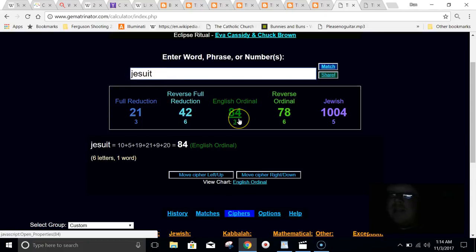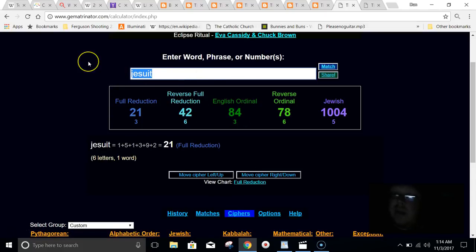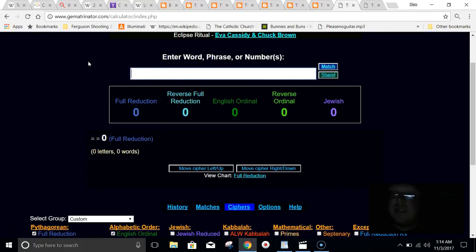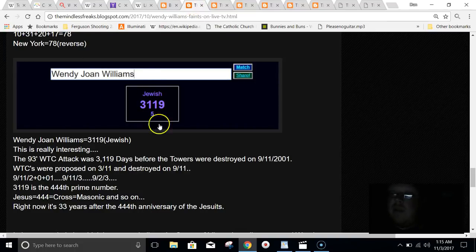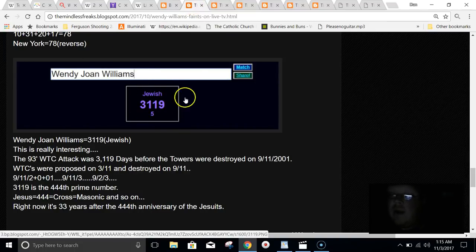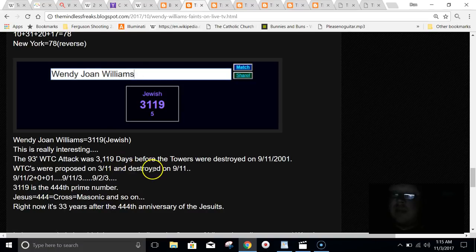Jesuit equals 84 in gematria. Think about the book 1984, but Jesus supposedly died on the cross aged 33, right? So this is 33 years after the 444th anniversary, and Jesus equals 444. A very important year in regards to Jesus and all of the symbolism and the two towers.